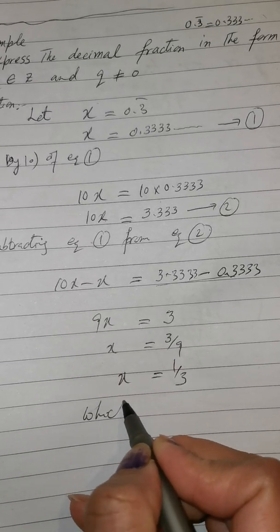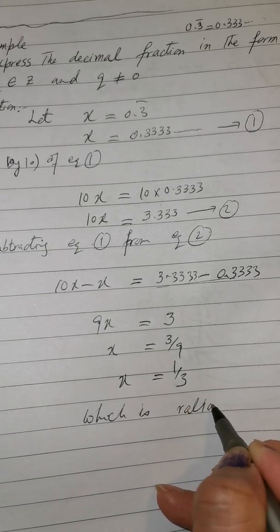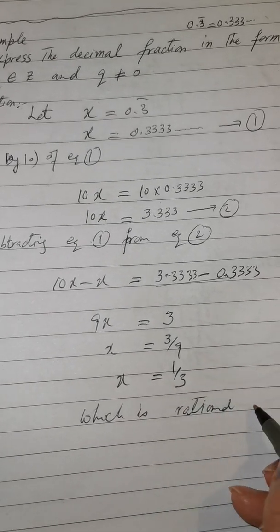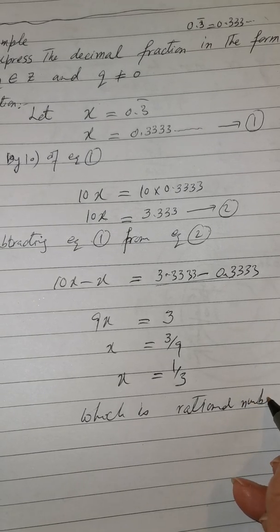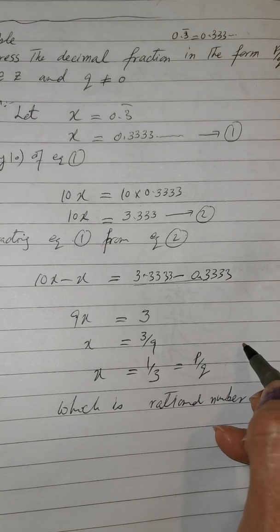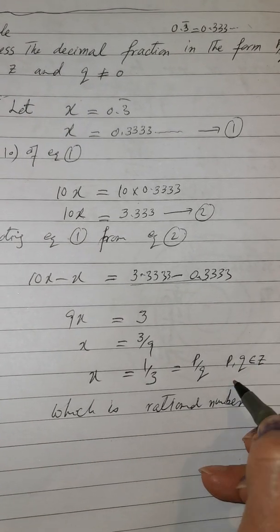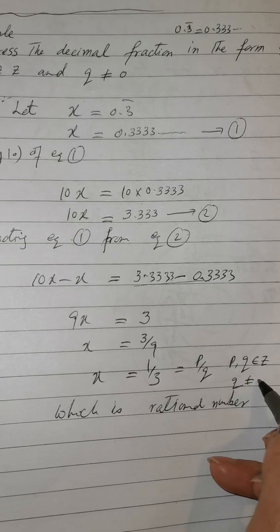which is a rational number, and it is of p over q form, with the condition that p and q belong to the set of integers and q should not be equal to 0.